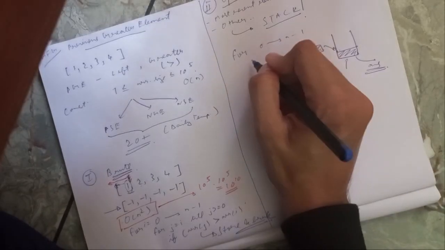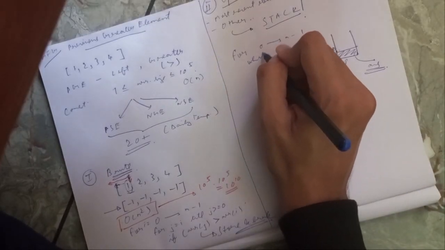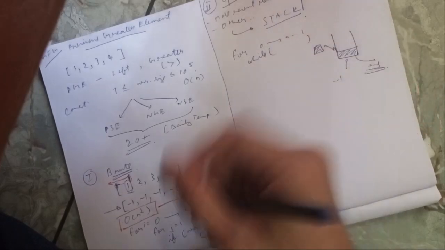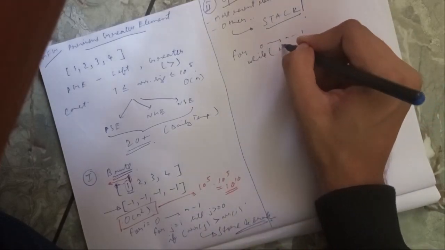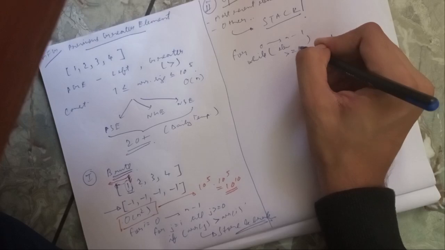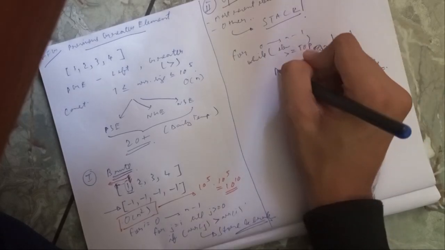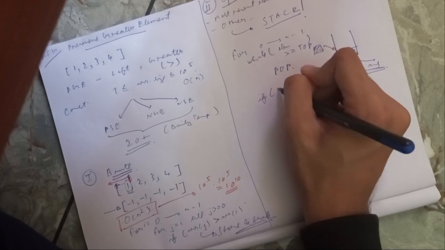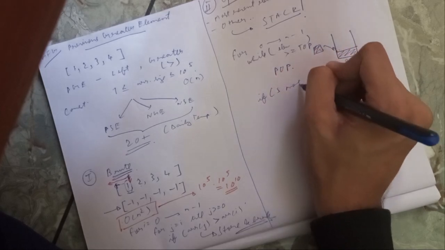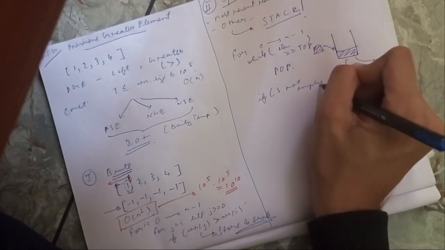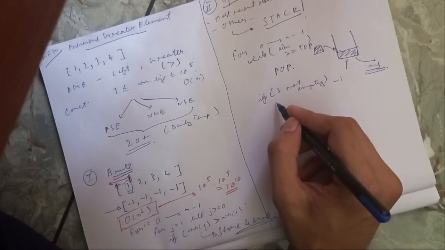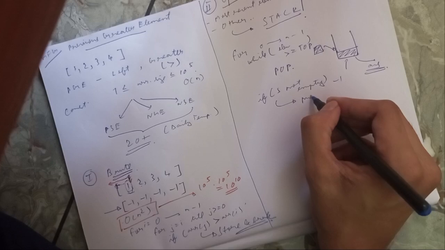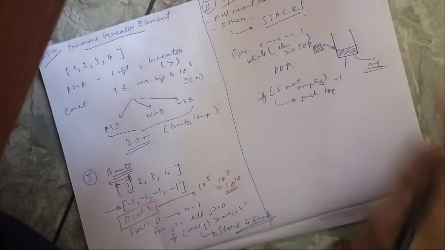So while the stack is not empty and the element is greater than or equal to the top of the stack, pop the stack. And if the stack is not empty, then push the top of the stack to our answer.